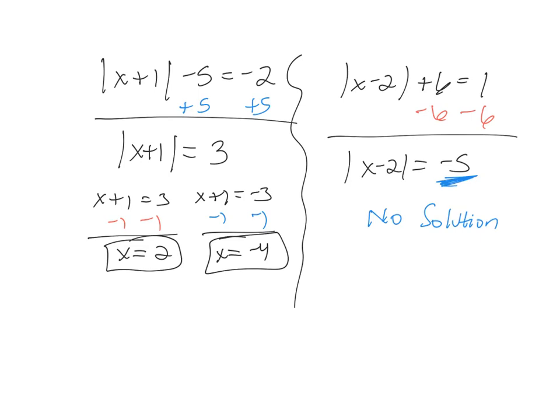Okay, so if you need more help with the absolute value part of it, you can go watch the video from September 4th and September 8th. We do some absolute value stuff on both of those.